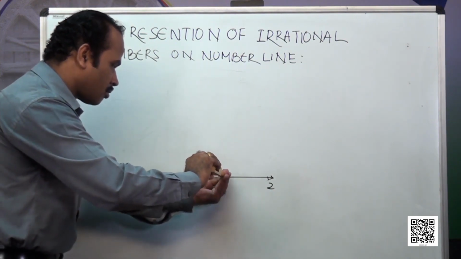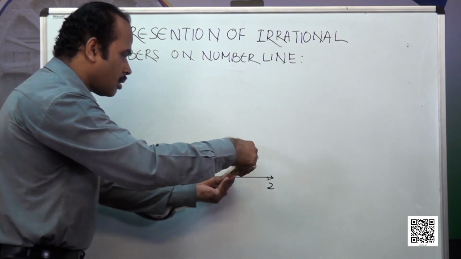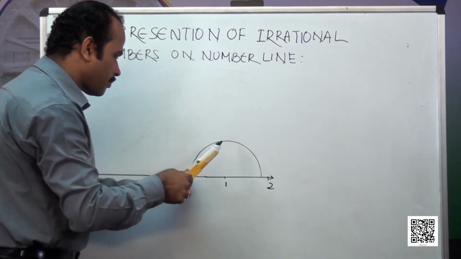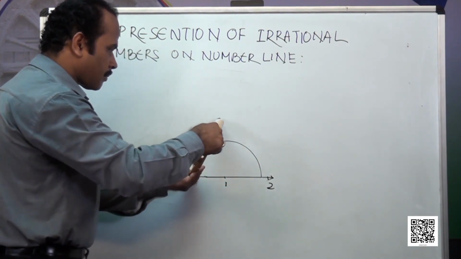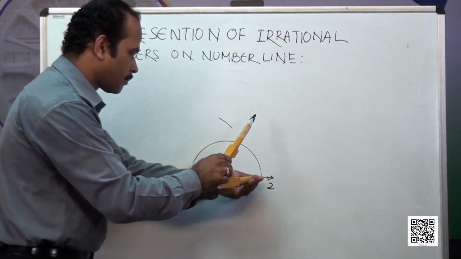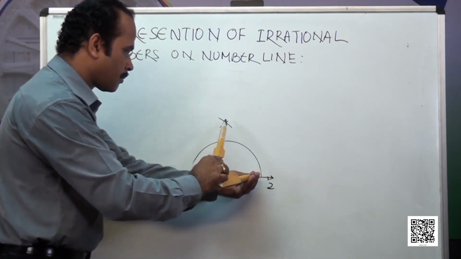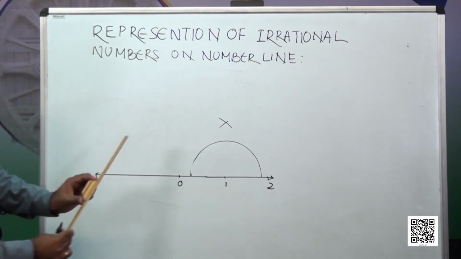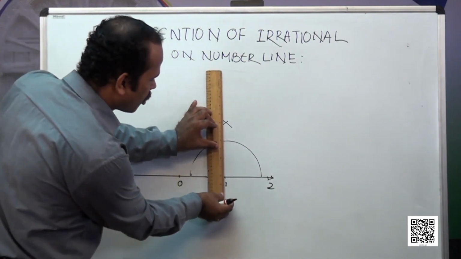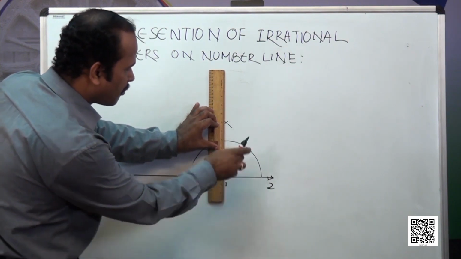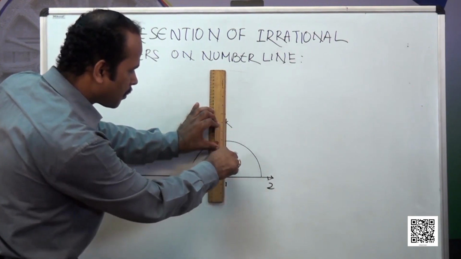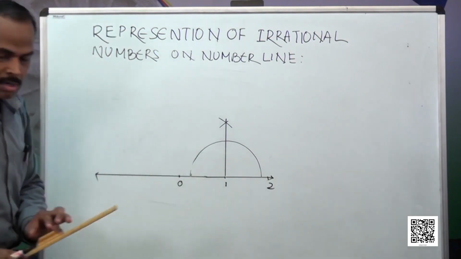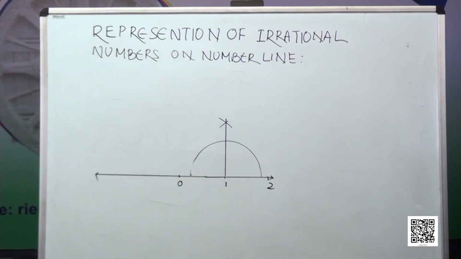So we can draw by using this. Now we can draw a perpendicular over there. Now this is the perpendicular we have constructed.